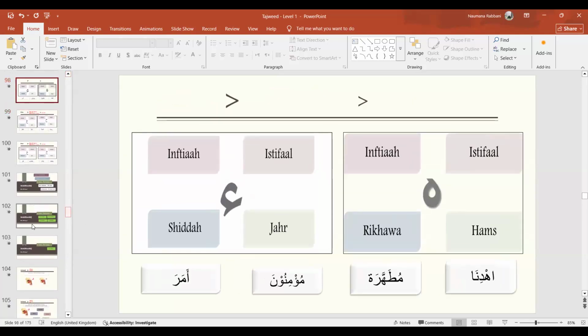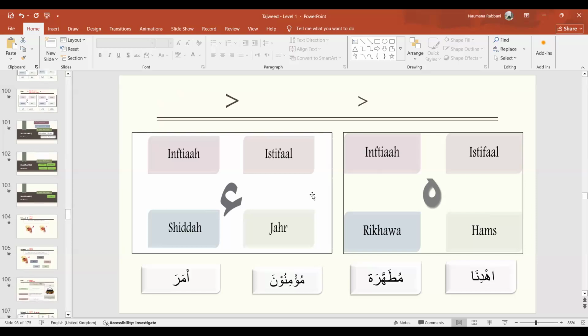Jahar, shidda, hamza, yeah, there is. So here we saw that there was no way for the sound to escape. That's why when we say mu'minun, the sound almost stops.